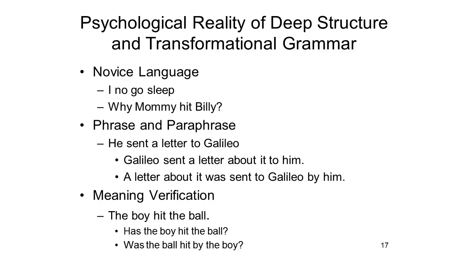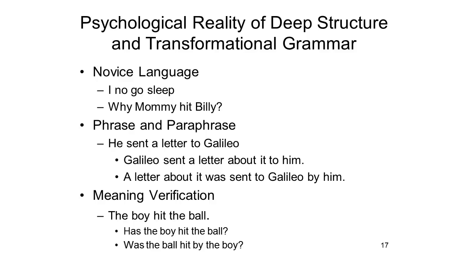And even more evidence is provided by a study of meaning verification. In these kinds of studies, subjects study a standard sentence like, "The boy hit the ball." Then they're presented with test sentences and asked to indicate which of the test sentences have the same meaning as the standard sentence. Sentences that involve only a single transformation are correctly identified very quickly, such as, "Has the boy hit the ball?"